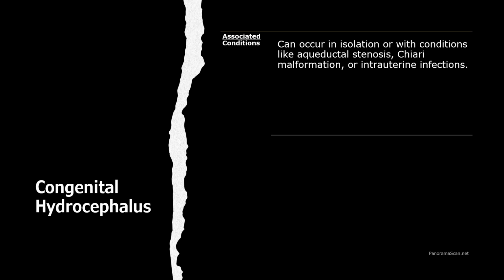Another good example is intrauterine infections during pregnancy, such as cytomegalovirus or toxoplasmosis, which can damage the brain and lead to abnormal fluid accumulation. Identifying these associated conditions is essential, as they may provide insights into the underlying cause of hydrocephalus and have significant implications for prognosis and treatment.